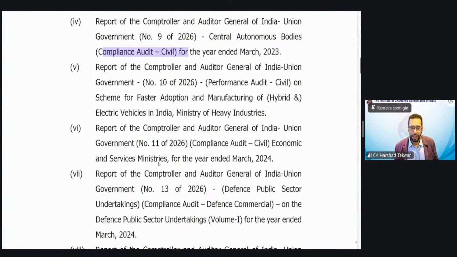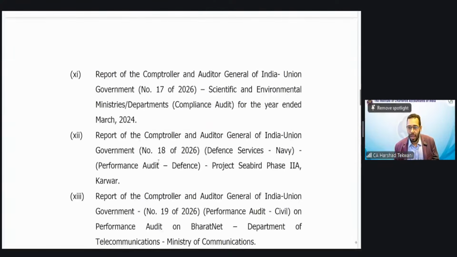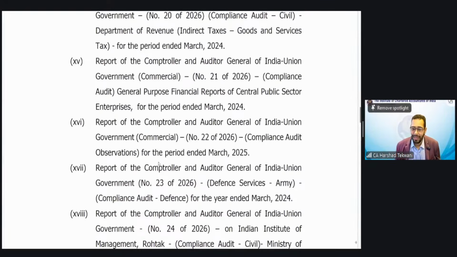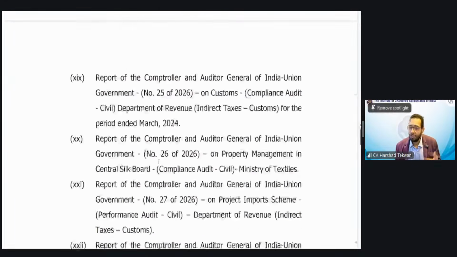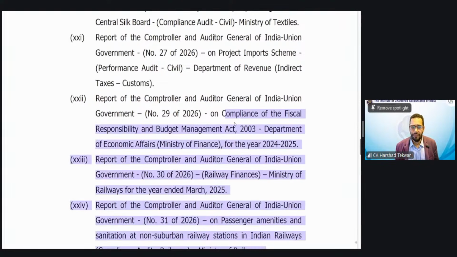So there are various reports which are placed in the House. The House of Parliament are the intended users, and the public at large are the intended users when the report is placed over there. Again, reports of CAG on compliance with the Fiscal Responsibility Act for the Department of Economic Affairs, Ministry of Finance.